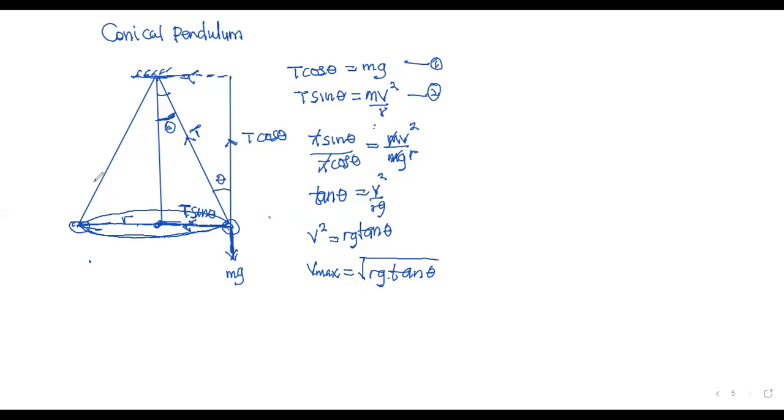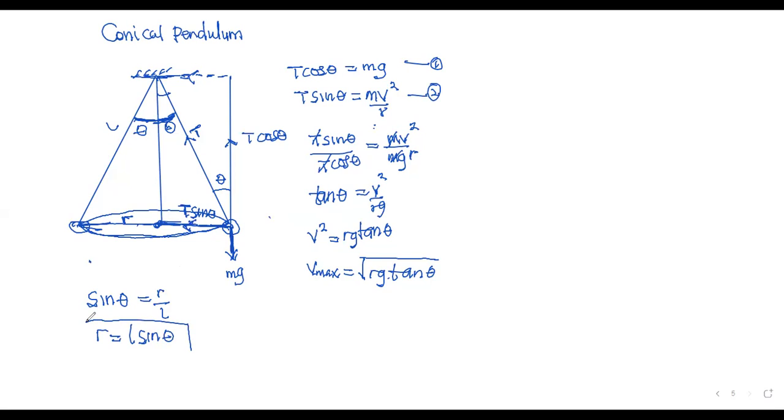Another thing you must observe is that this is the radius, and then this is the length of the string. The same angle can be taken here or to this side. So when we take the sine of the angle, sine theta is equal to R over L. Therefore, R, the radius, is equal to the length of the string times the sine of the angle of tilt, theta.